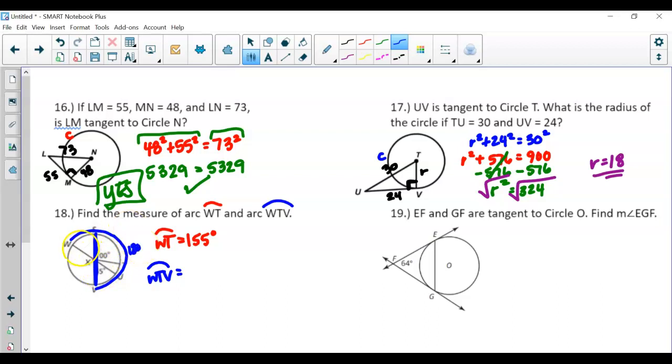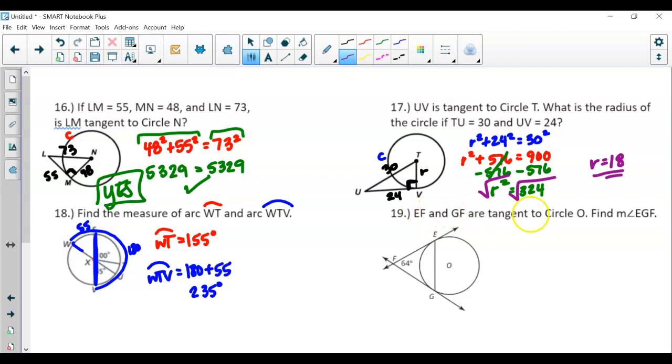Then from the vertical, because of the other diagonal, this was 55. So I just added together 180 plus the 55. And that gets you this arc here of 235 degrees.